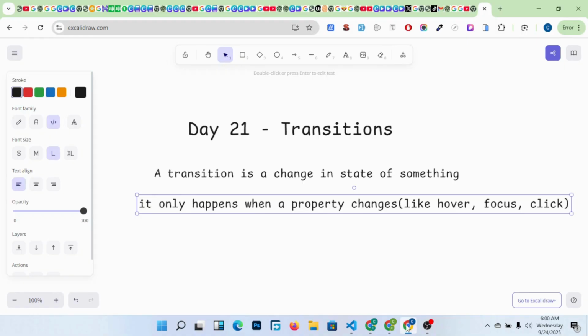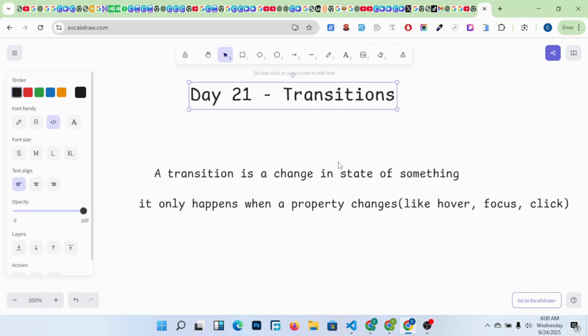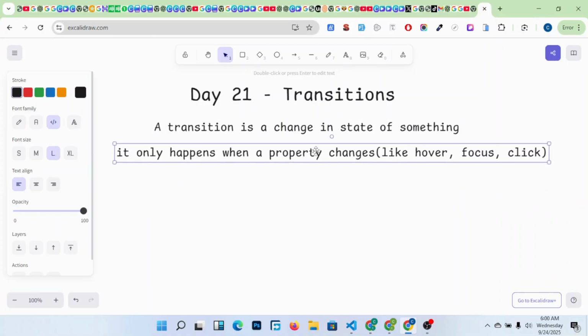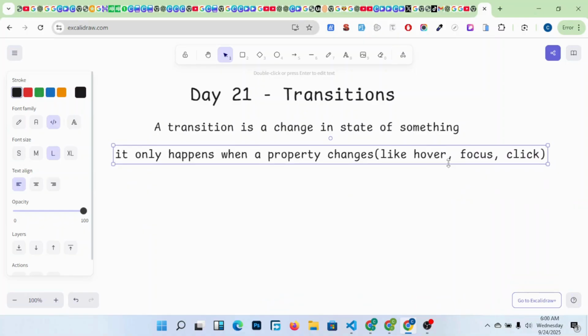So members, you see this, it only happens when a property changes, like for example, when there is a hover, focus, or a click. Okay. So I'm going to explain all this to you. This is when a transition happens.